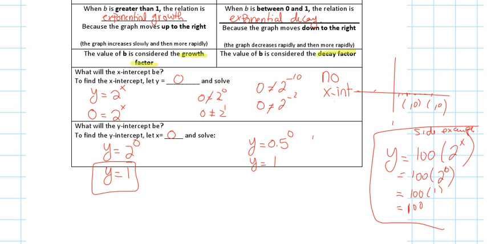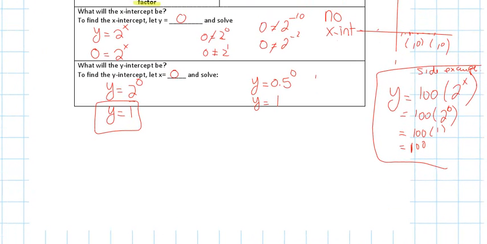I'm going to give you some examples here, and then you're going to tell me a couple things. You're going to say exponential growth or exponential decay. You're going to tell me what your initial value is and what your growth or decay factor is. So if I have y equals 2 times 1.03 to the power of x, exponential growth or exponential decay?